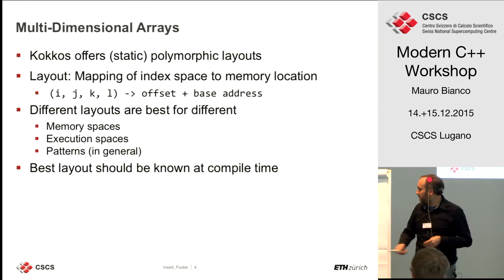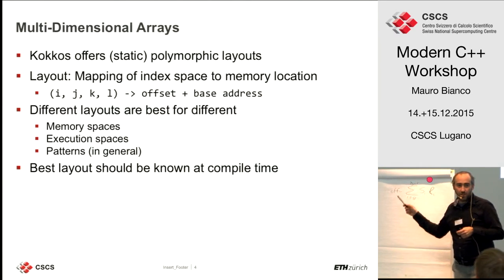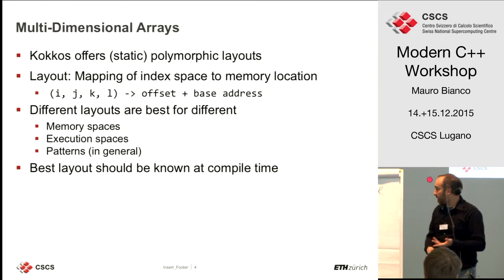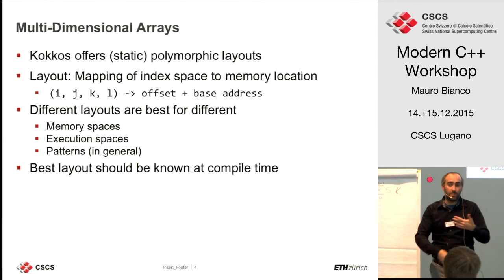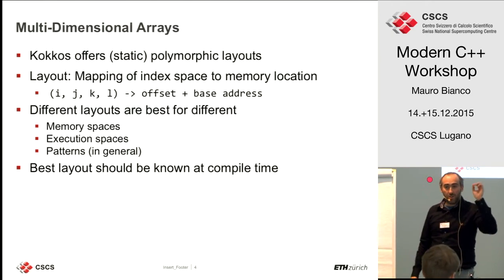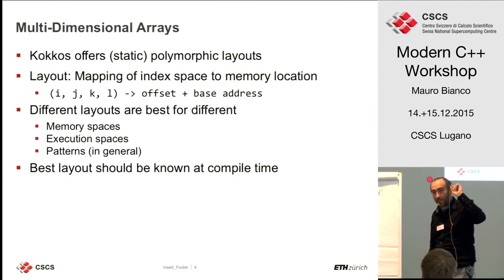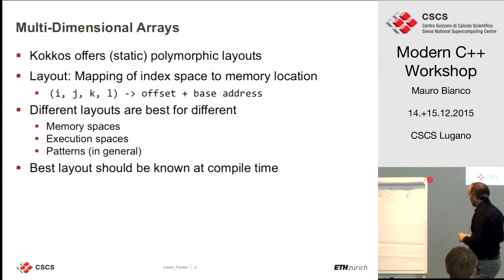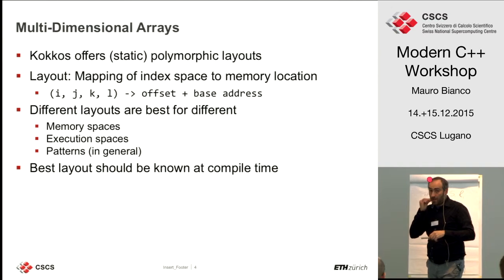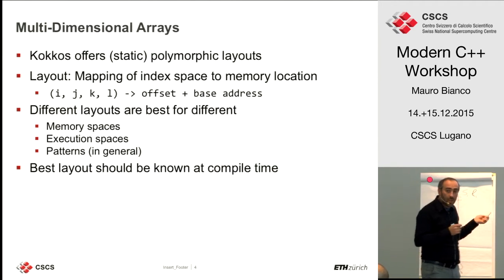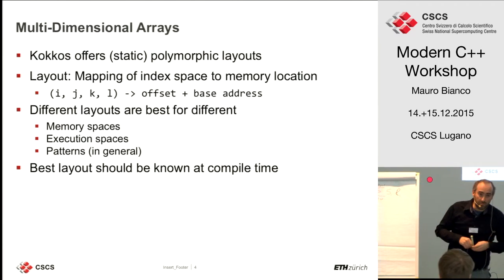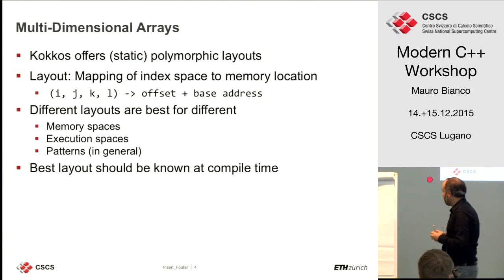So is it possible to interchange these functions? You compile with a different mapping function and you get a different behavior of your application, changing just a single line of code, just the line that specifies the layout. Actually, yes, and Kokkos does it, and GridTools does it in different ways.